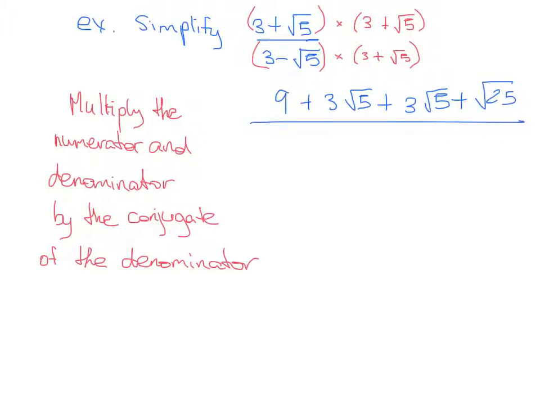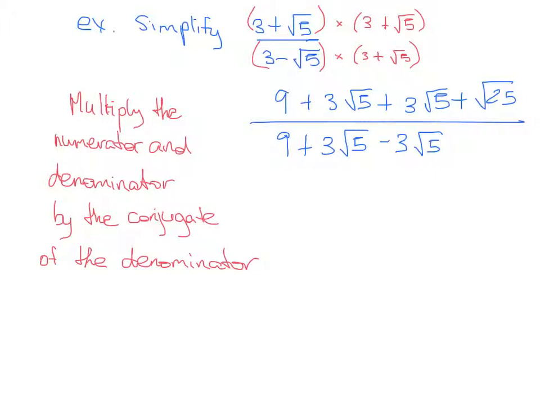That's our numerator. Let's do the same for the denominator. First, we have 3 times 3, which gives us 9. Outer, 3 times root 5 gives us plus 3 root 5. Inner, negative root 5 times 3 gives us minus 3 root 5.